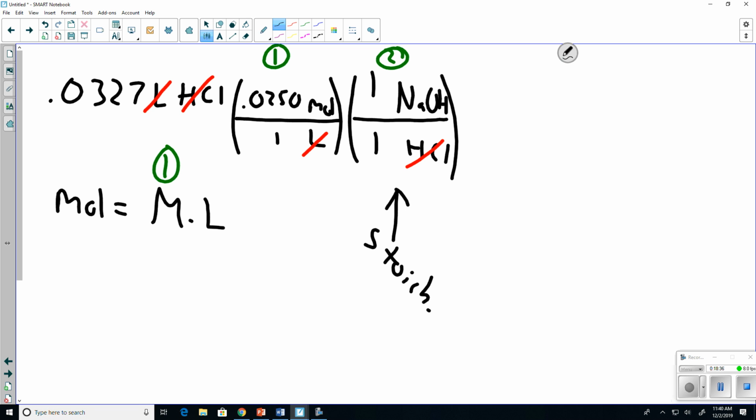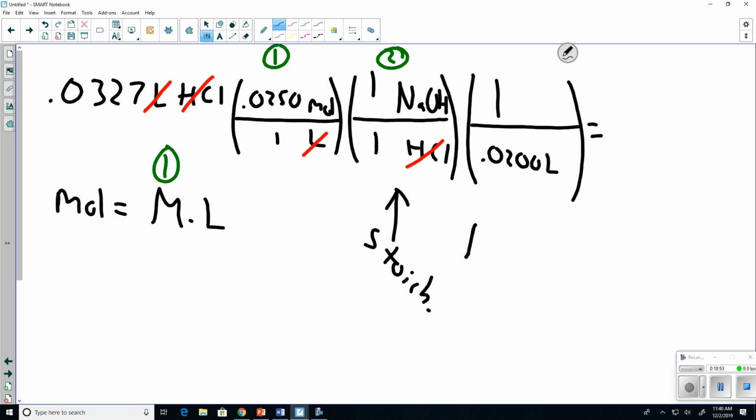I want to solve for the molarity. And it gave me 20 milliliters. I'm taking moles divided by liters. And again, if you don't like that method, this is all I'm doing for step number 3.